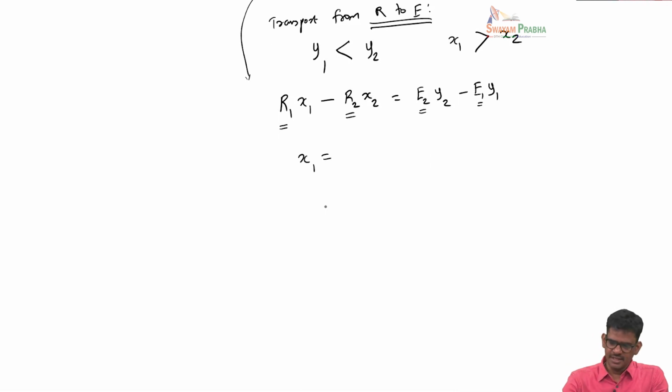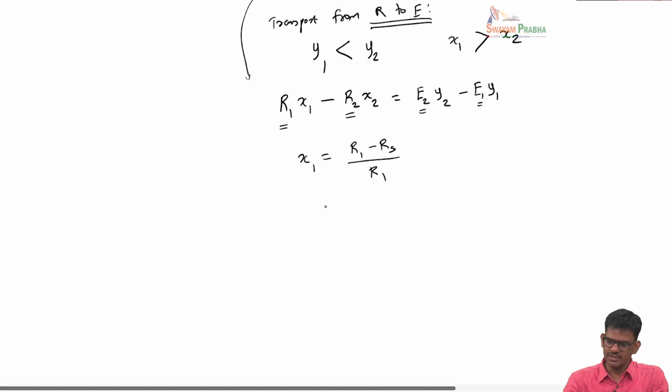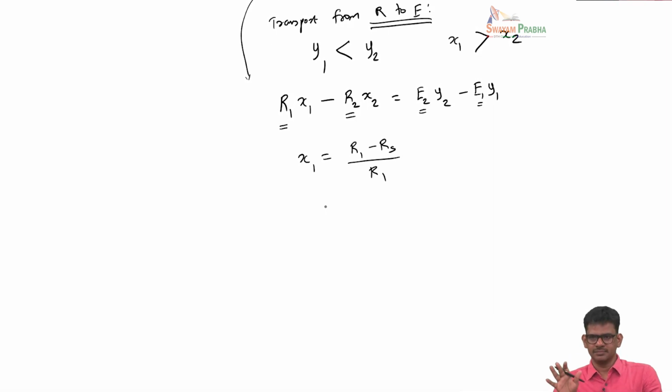So this can be written as R1 minus RS by R1, isn't it? R1 minus RS will be the total molar flow rate of the solute A only at the entry. R1 is total, RS is only the solvent. The difference would be the solute molar flow rate. Divide that by the total molar flow rate, which is R1. So that should give you the mole fraction X1, right?